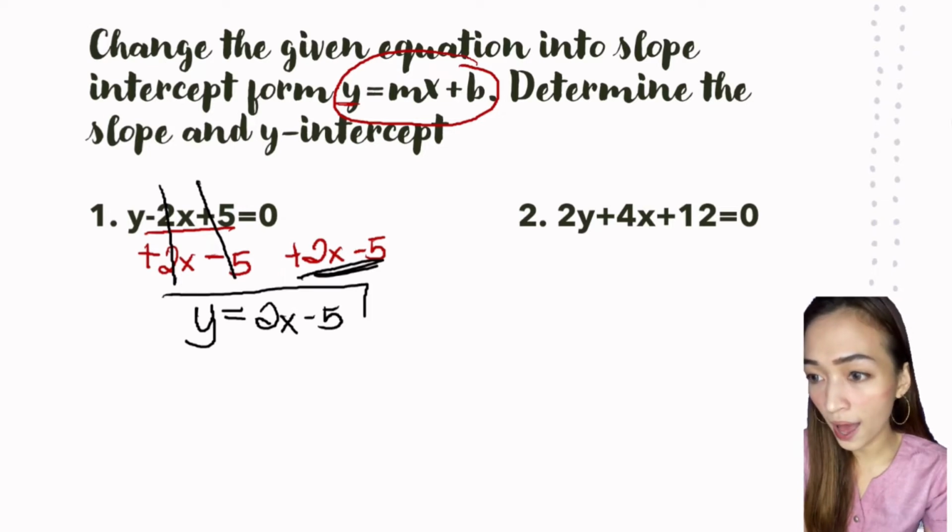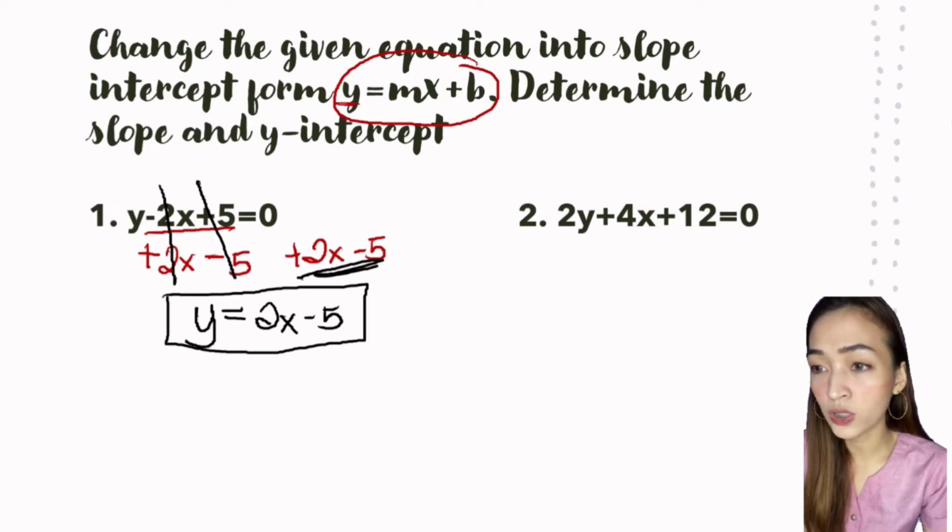So now we have the slope-intercept form y equals 2x minus 5, okay? So now we have it in the form of y equals mx plus b, which is y equals 2x minus 5. Now, in our instruction, we need to determine the slope and the y-intercept.